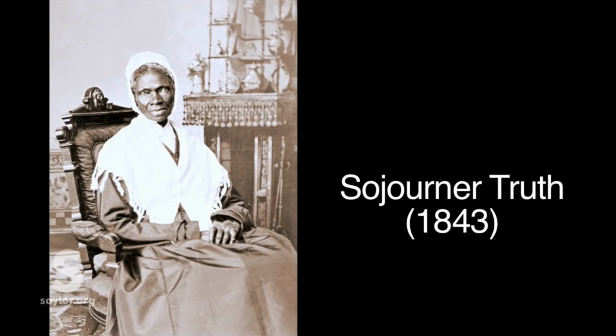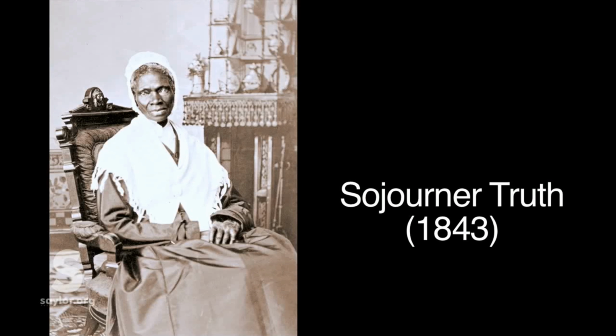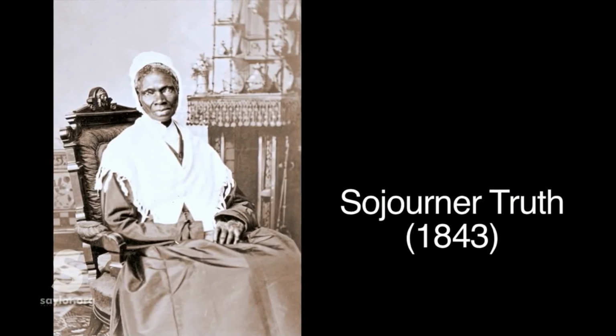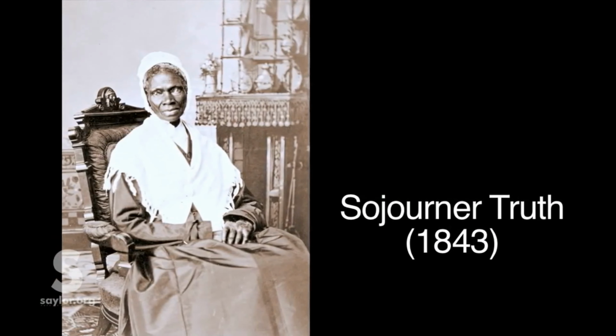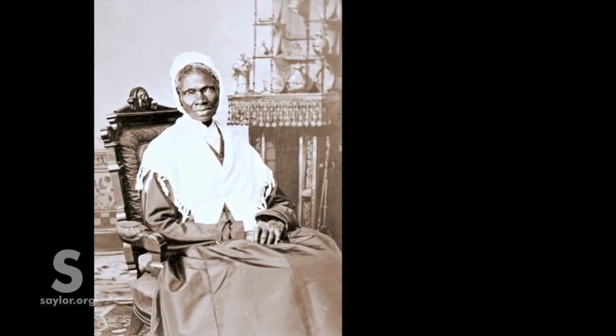Now, another area where you see both African Americans and whites involved in opposing slavery is the work of the Underground Railroad. The Underground Railroad was a network of secret routes that allowed slaves to escape slavery in the South and get their way through the North and on to Canada. Remember, Great Britain had abolished slavery.